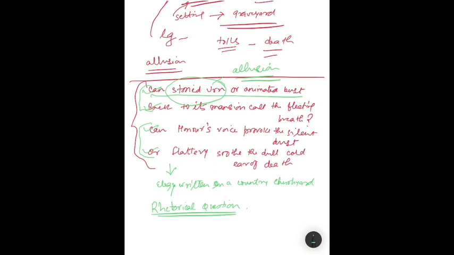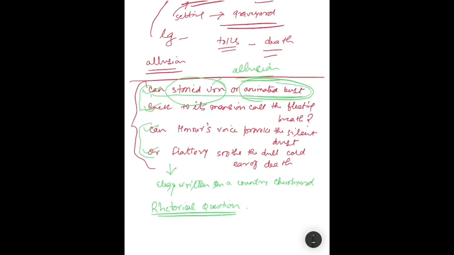You have seen that in the poem Ode on a Grecian Urn. Animated bust: this reminds us of a passage in the Bible, the Book of Revelation, where an image is given the power to speak, that is, it is animated. So we have allusions here.